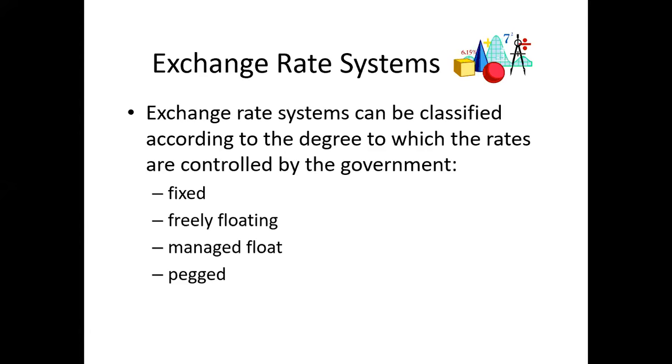It started from the fixed exchange rate system. It came to the freely floating exchange rate system. Then we had the managed floating exchange rate system. Then we have the pegged exchange rate system. So these are the exchange rate regimes that have evolved over the years.